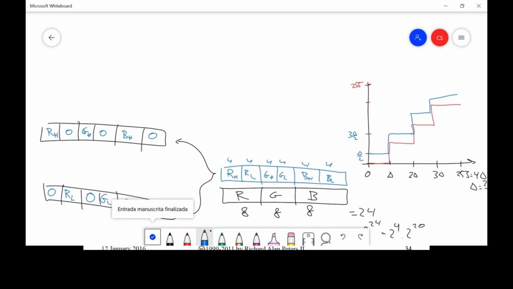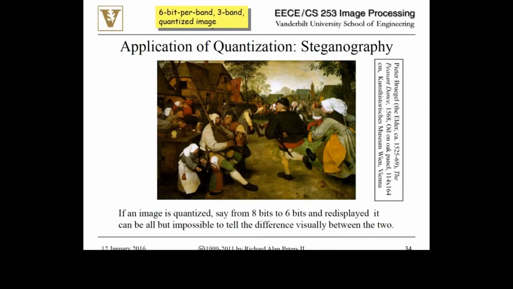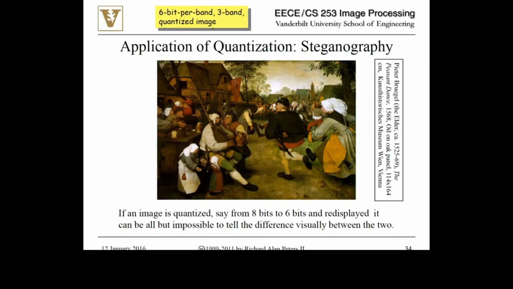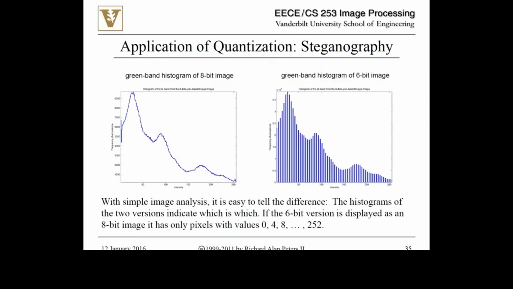Okay, so now you barely see any difference between the original and the 6 bits per band. But here we have removed the 2 lowest bits, so we have this image here. And if we look at the histograms, we have holes.